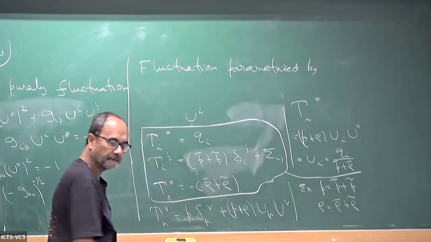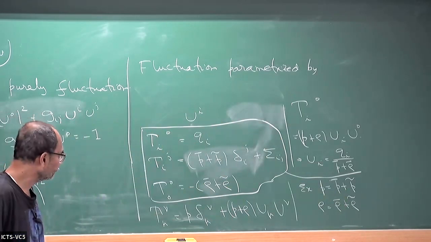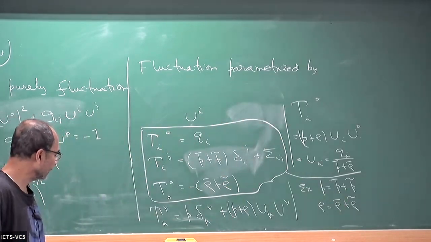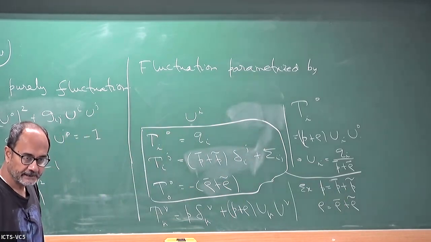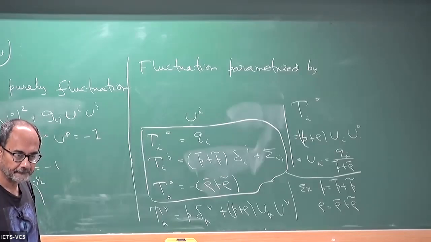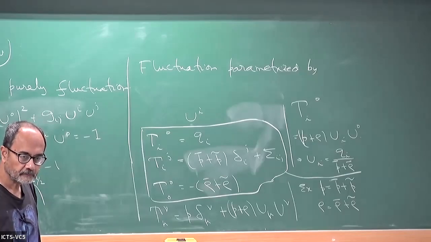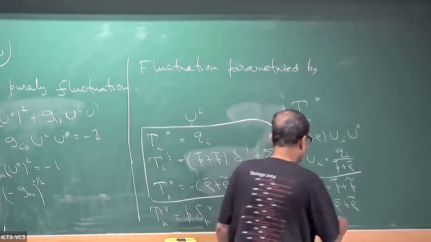What was the constraint on sigma? Was it traceless transverse or only traceless? We had the condition on sigma was traceless and no transverseness. Then we decompose sigma into several parts. So a perfect fluid has no sigma, so sigma ij is 0.